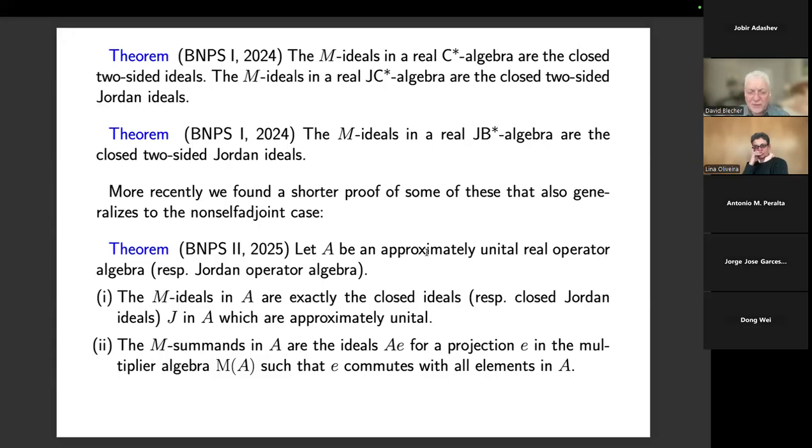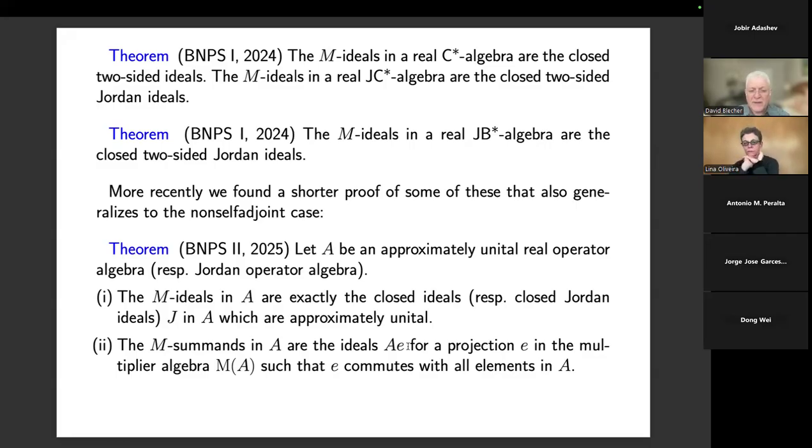If I have time, I'll come back and define that. If you have an approximately unital real operator algebra or Jordan operator algebra, the M ideals are exactly the closed two-sided ideals, respectively the closed Jordan ideals, which are also approximately unital in the sense that I was just talking about.